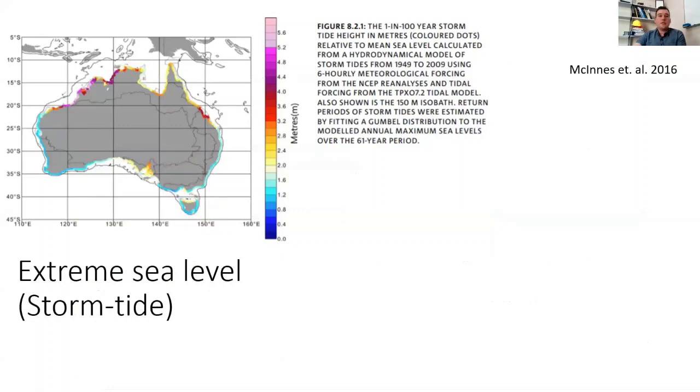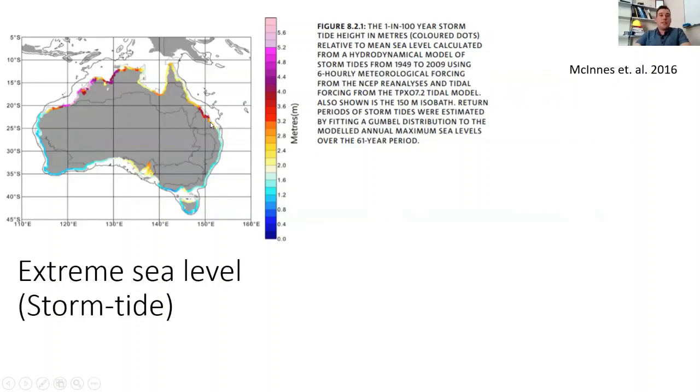So moving from mean sea level to extreme sea level, here's a figure which highlights the 1 in 100 year event storm tide level, which has an exceedance probability of 0.01, or a 1% chance of happening in a year.